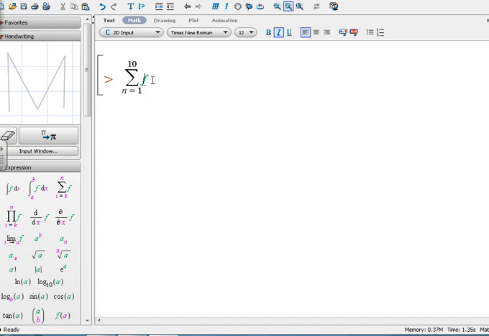And we're going to go 2 times x minus 5 raised to the n, divided by n squared.